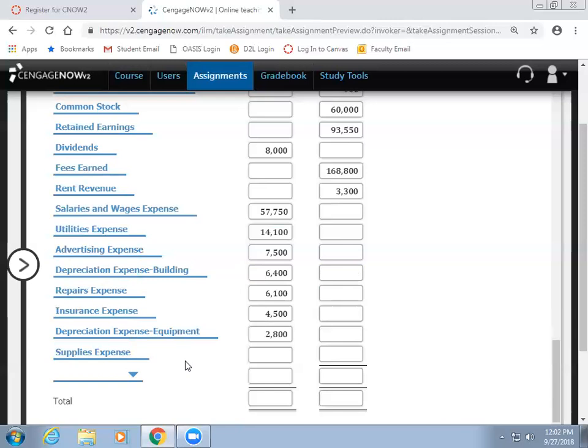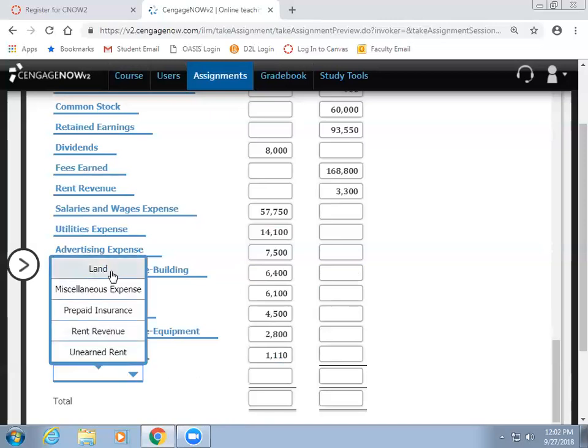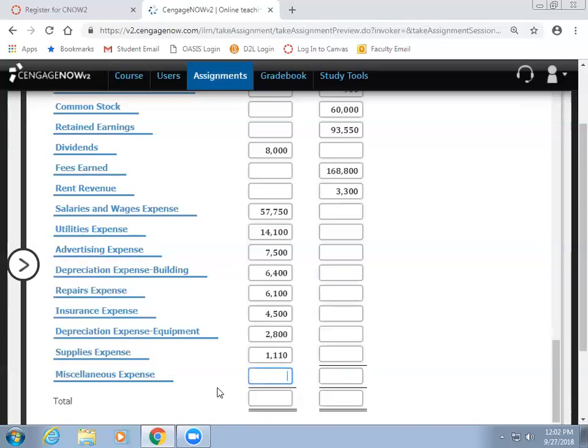It was not on my existing trial balance, so my supplies expense was $1,110. And then last but not least, we have miscellaneous expense. It had no adjustments to it, so it's $4,025.